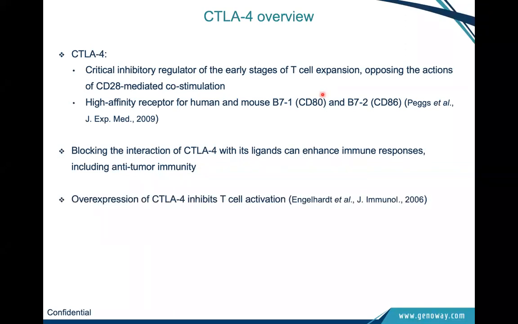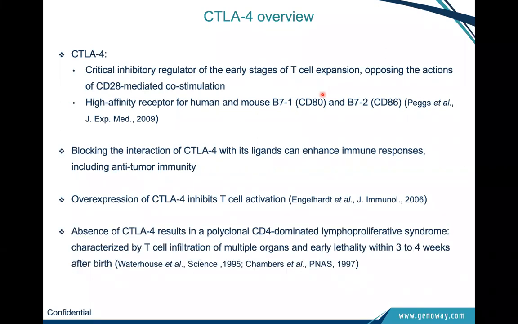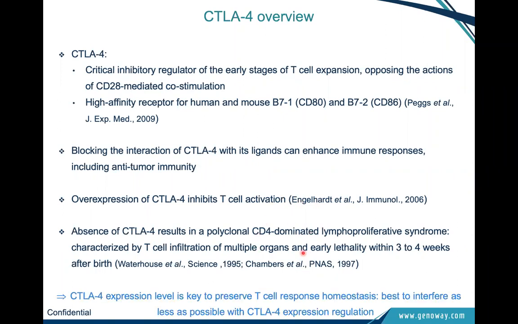When you block the interaction between CTLA-4 and its ligands, that can enhance immune response, including anti-tumor immunity. And we know that the expression level of CTLA-4 is key, because when you overexpress it or when you downregulate it, some side effects are observed. So it is key to keep CTLA-4 expression physiological in vivo.